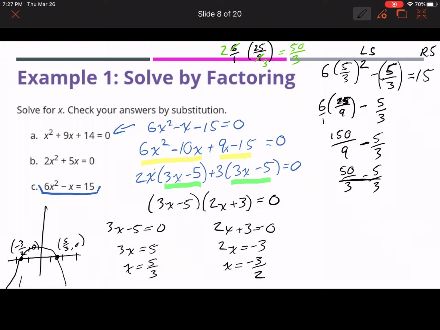It's like saying that they're both over 3. 50 minus 5 is 45 over 3, which equals 15. So I've got the same on both sides. So practice by doing the same check with negative 3 over 2, and you should get the same answer.